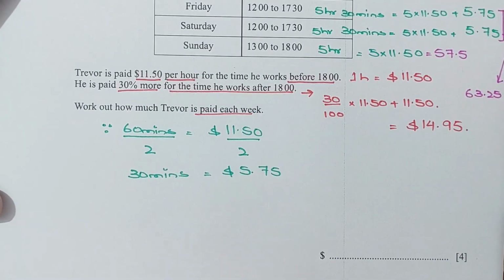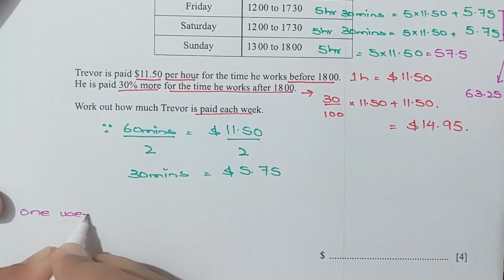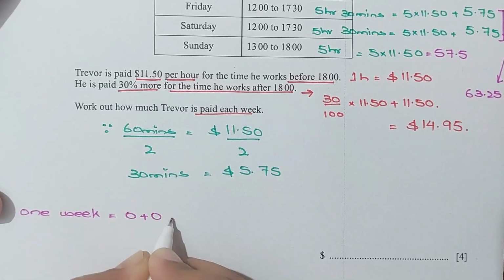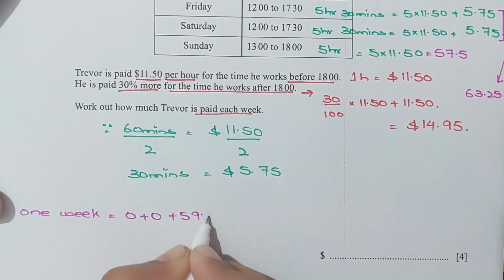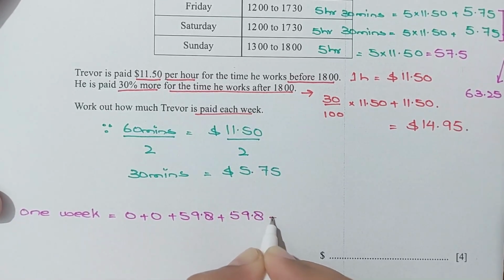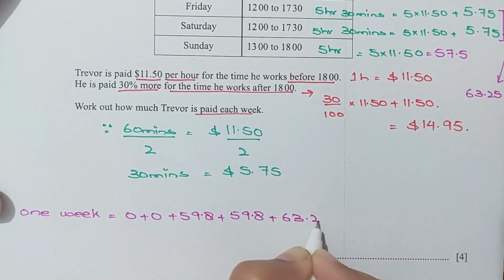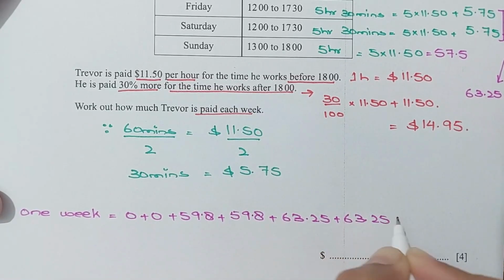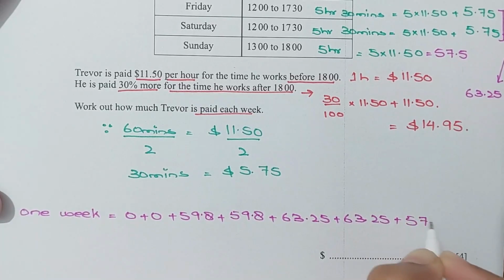So now for 1 week, Monday is 0, Tuesday is 0, Wednesday is 59.8, Thursday is 59.8, Friday is 63.25, Saturday is also 63.25, and Sunday is 57.5.